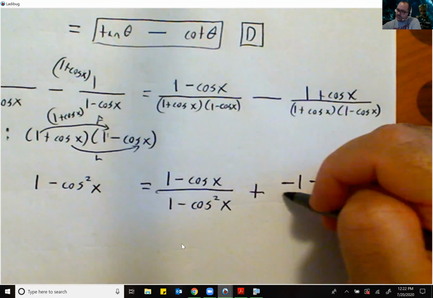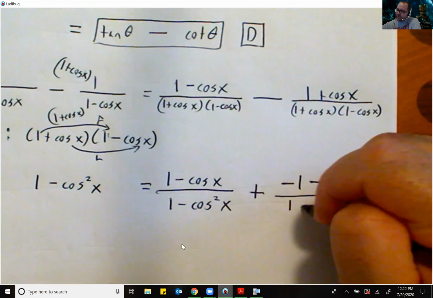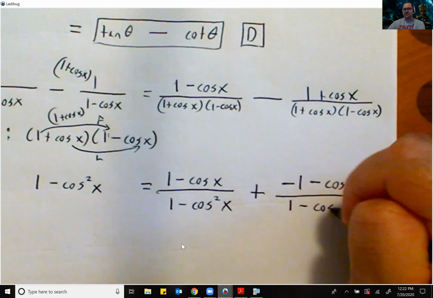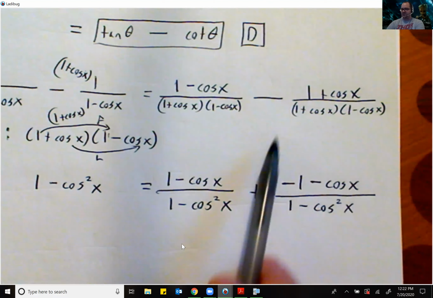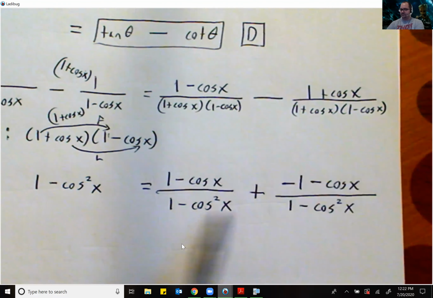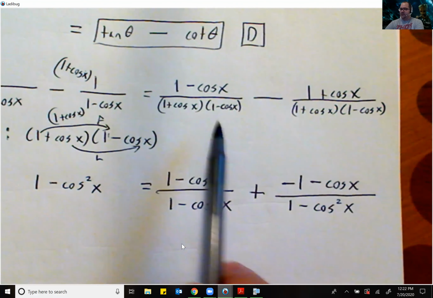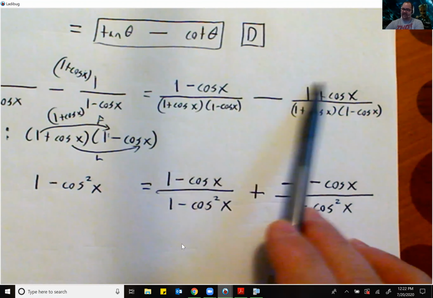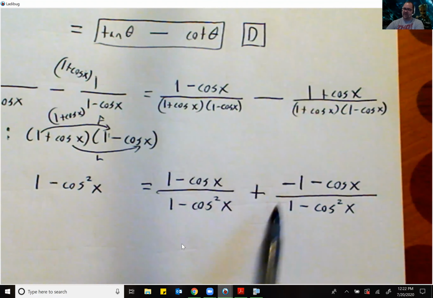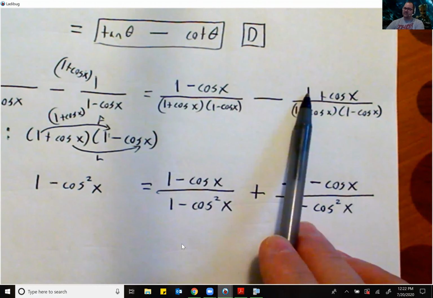And this is all going to be over 1 minus cosine squared x. Still the same denominator, it's fine. All I did this time was change the numerators because I FOILed, and because we're subtracting, I took the opposites of this second numerator, the opposite of a positive is negative.